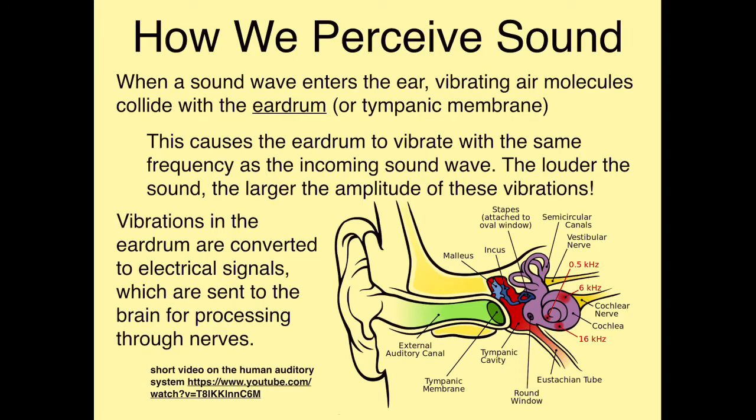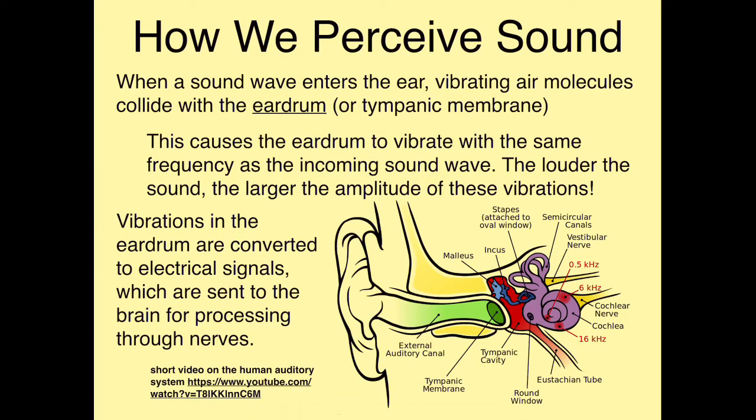Now, what happens when that sound wave enters your ear? Well, the sound wave is going to enter through a cavity in your ear, and it's going to move all the way until it reaches the end of that cavity where we have the eardrum, also called the tympanic membrane.